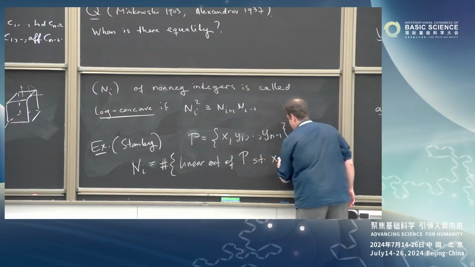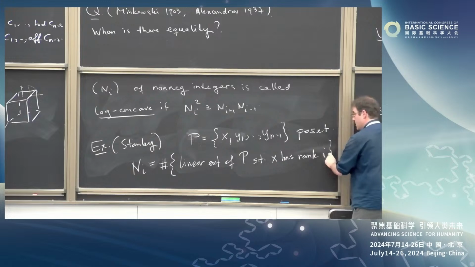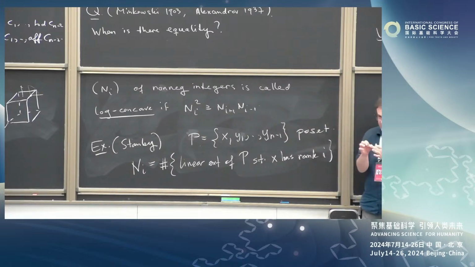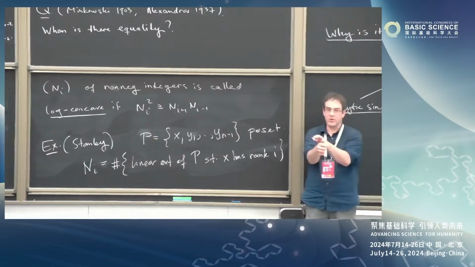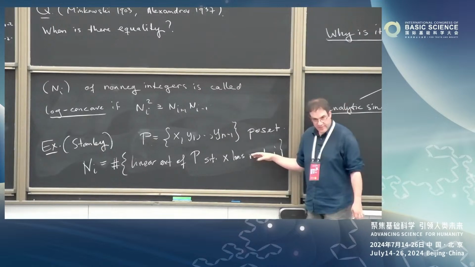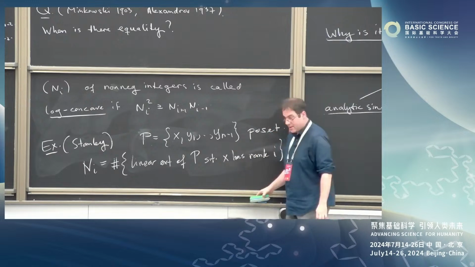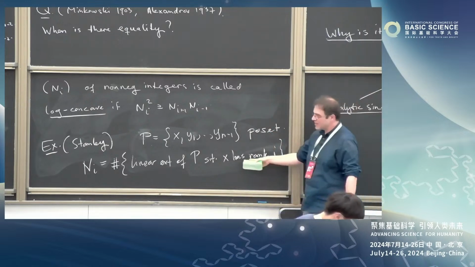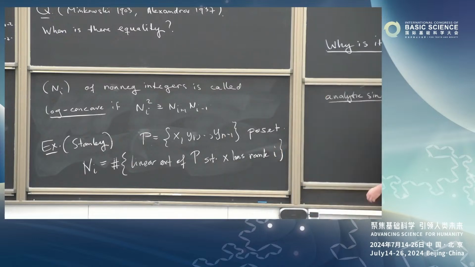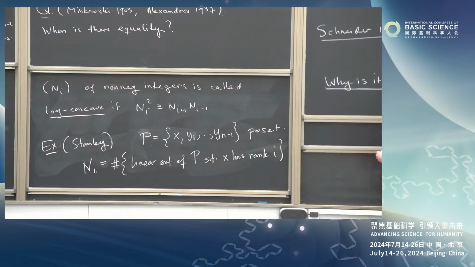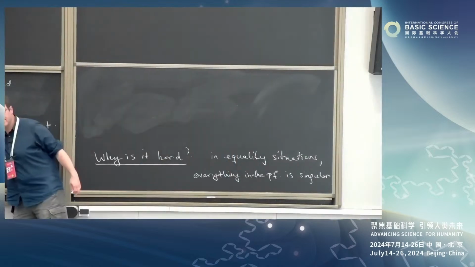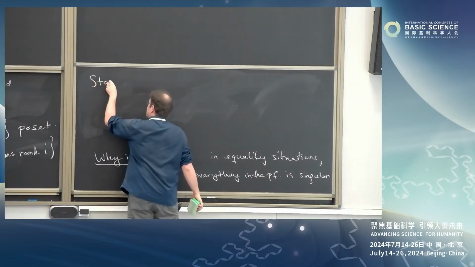X has rank, element X, the middle of the order. By Young, I think, but Stanley's inequality is just a special case of the Alexandrov-Fenchel. You give me a poset like this with a distinguished vertex. Stanley did.